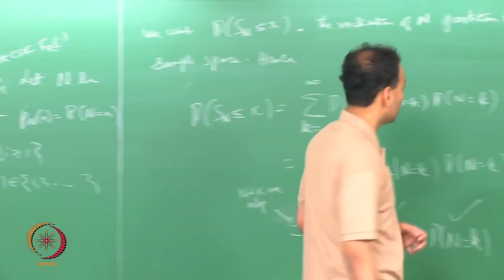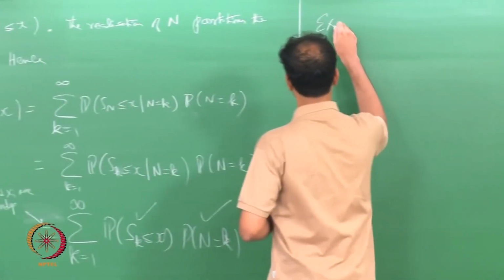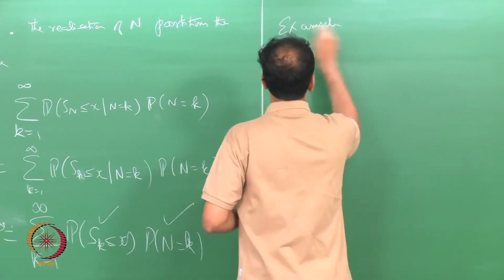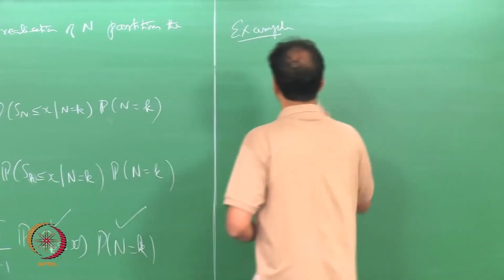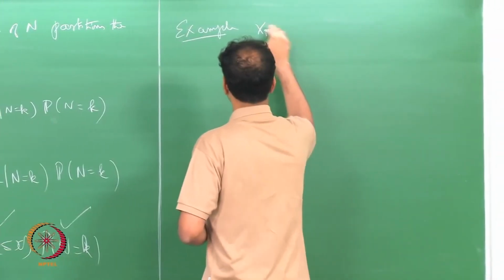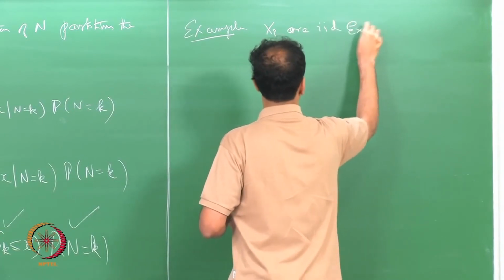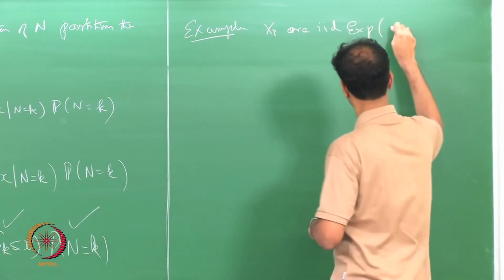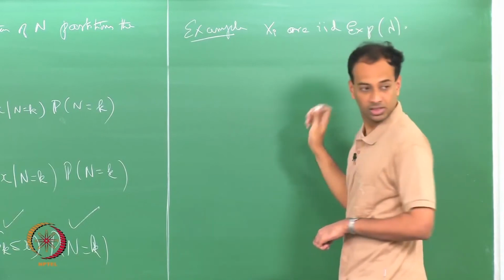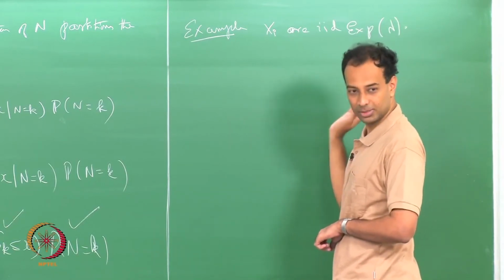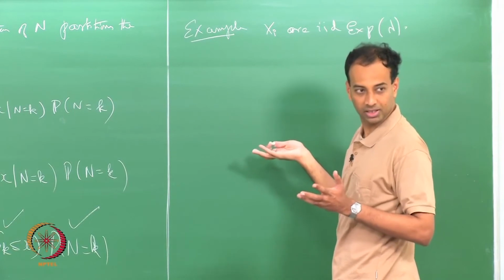Okay, so let me do an example which is a very famous example. This is the case where the Xi's are IID exponential with parameter lambda. So, each Xi is exponential with parameter lambda, independent.